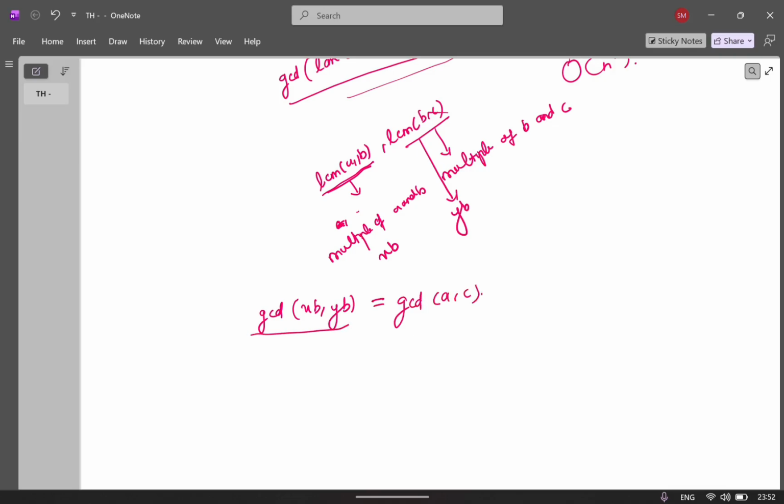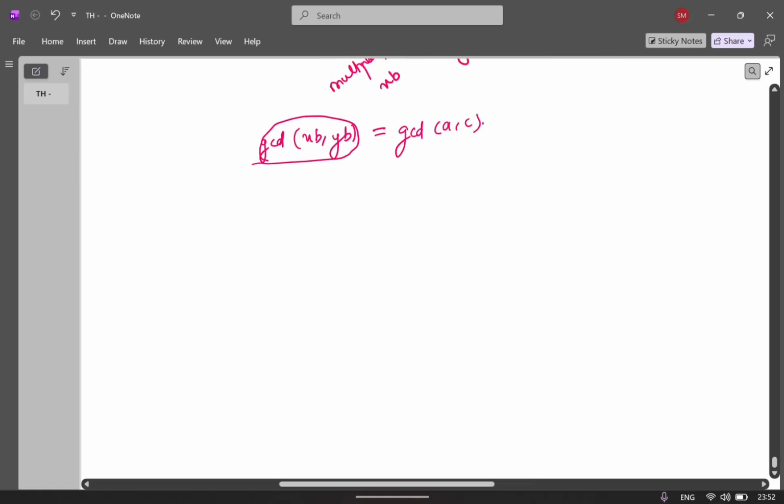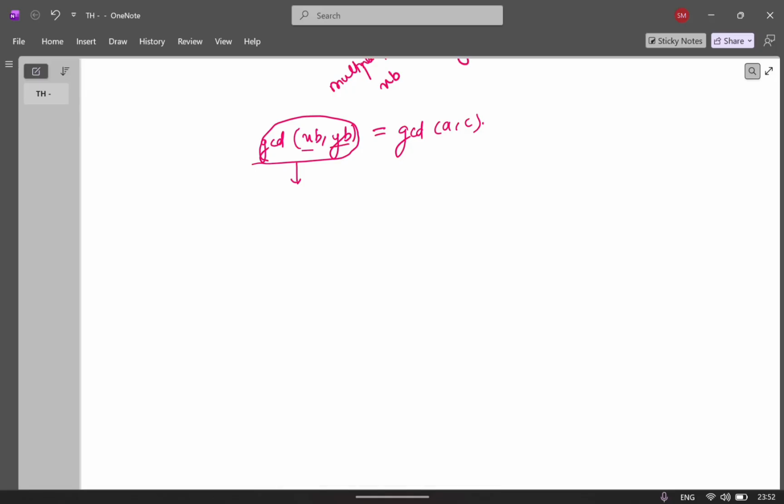Now, GCD of XB comma YB must be greater than or equal to B. We understand that because B is a common factor in both of them, so the GCD can be B or greater.